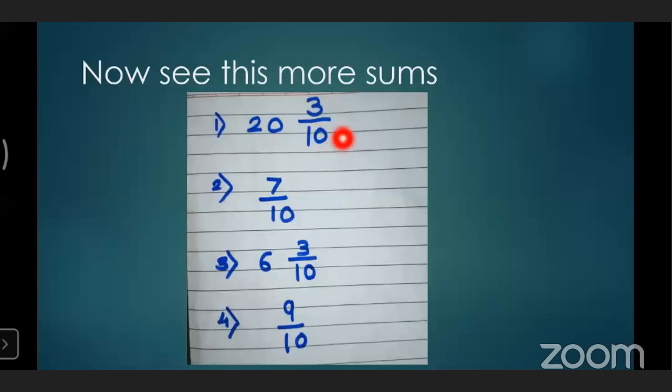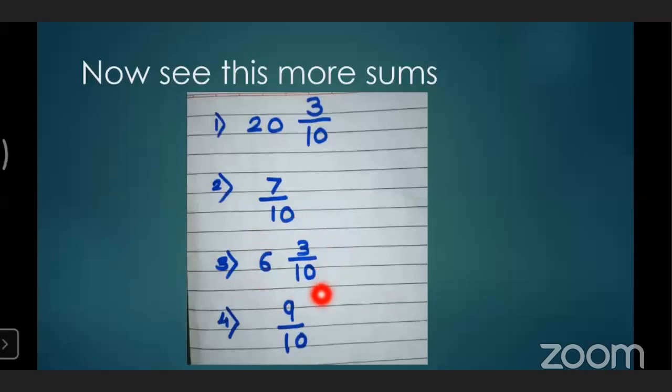Why? Because 10 is at the denominator place. So it's a decimal fraction, right? Now 7 upon 10. Is it a decimal fraction? Yes, it is, because 10 is at the denominator. Now 6 and 3 upon 10. 10 is at the denominator place, so it's a decimal fraction, right?